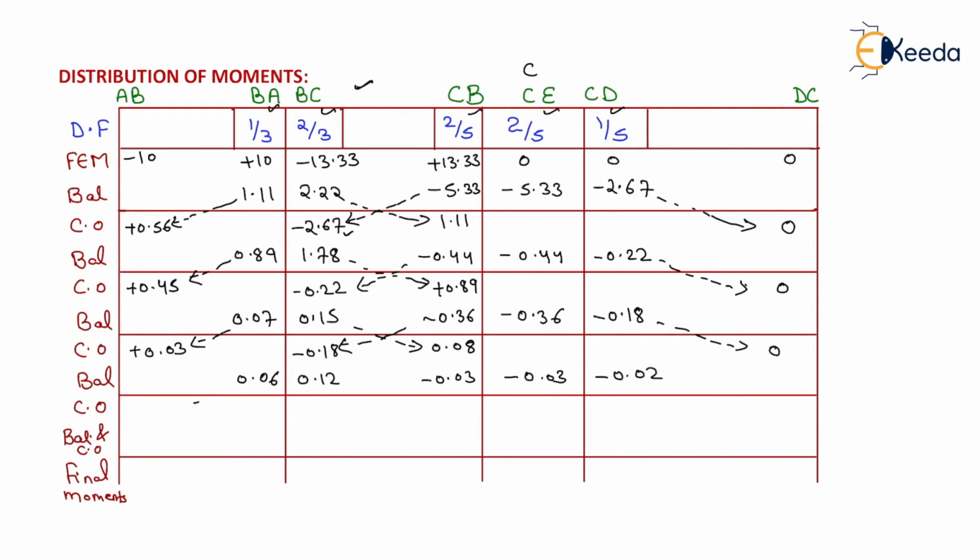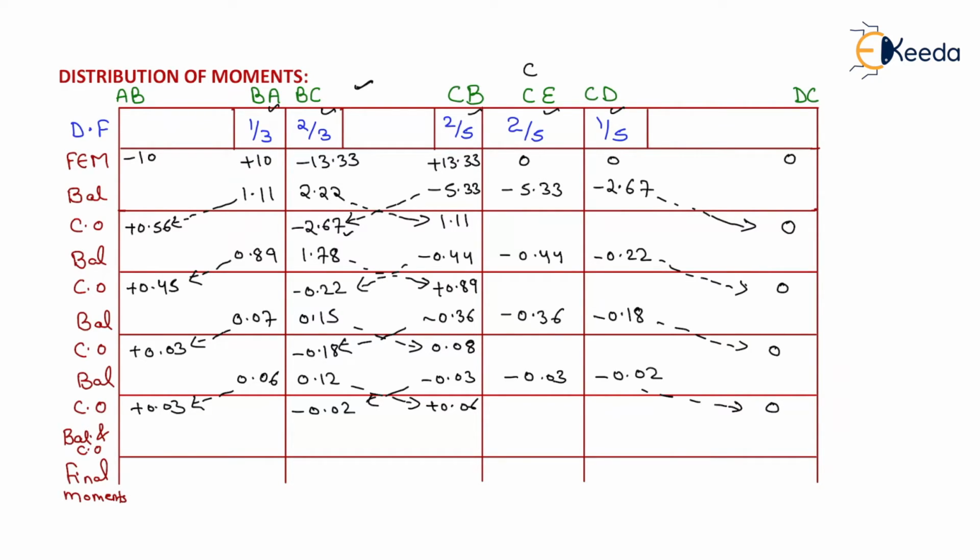Now we need to transfer the carryover to the far end, that is plus 0.03, plus 0.06, minus 0.02, and here 0 because of the hinge support.